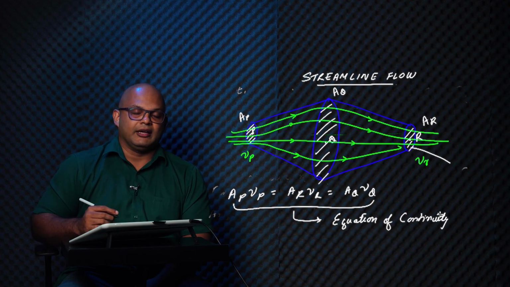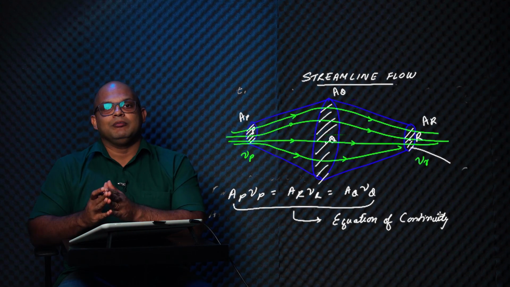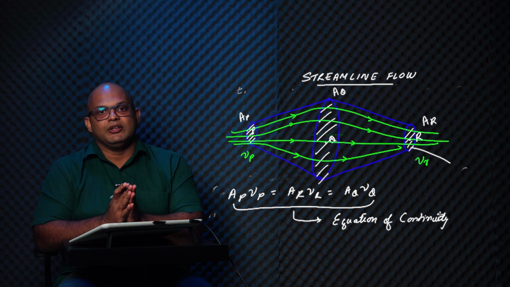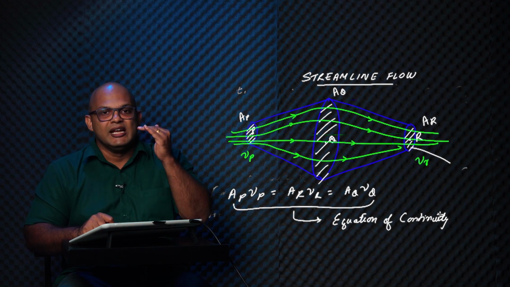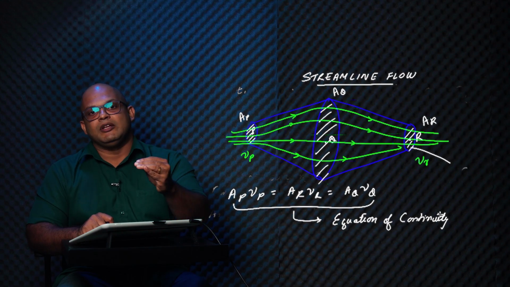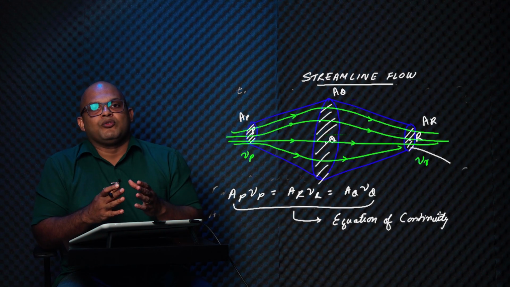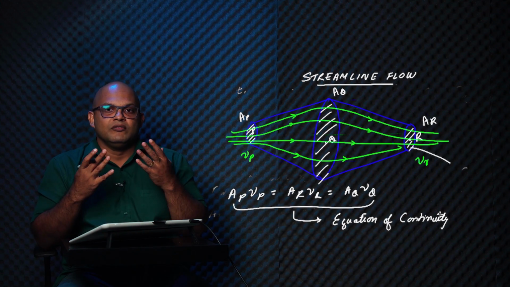So the question might arise, where does this equation of continuity stop having meaning? We are assuming that the flow is streamline. In other words, each successive particle of water is tracing the same path as the previous one and the one before that. In real life, streamline flows are very difficult to maintain. There are inherent properties inside the fluid medium itself.